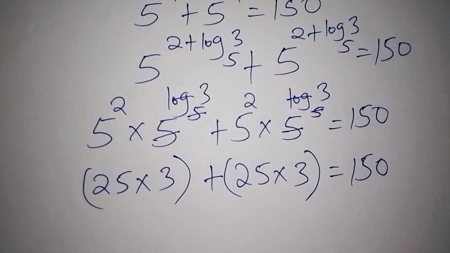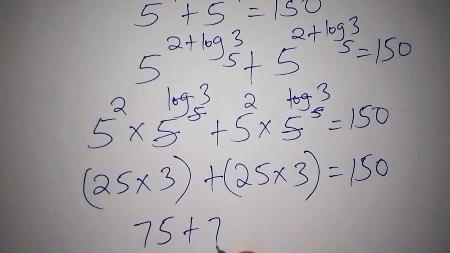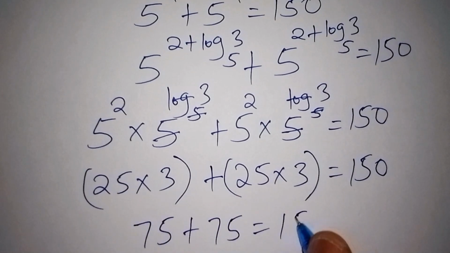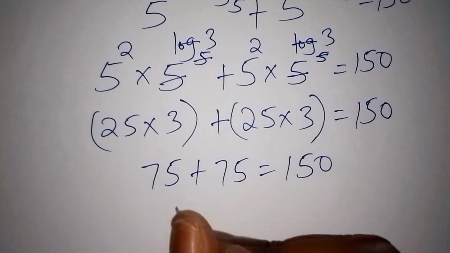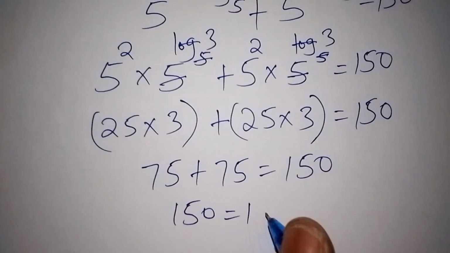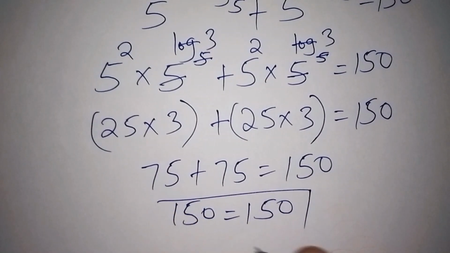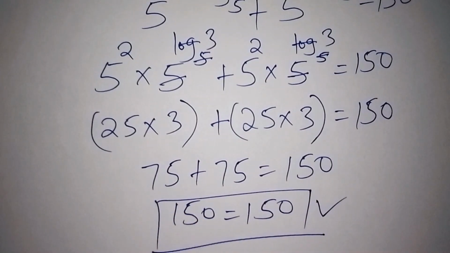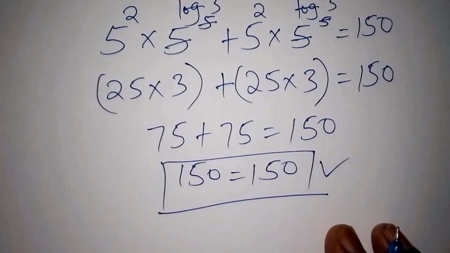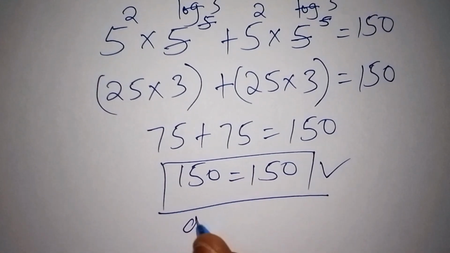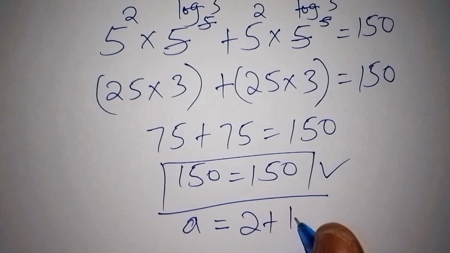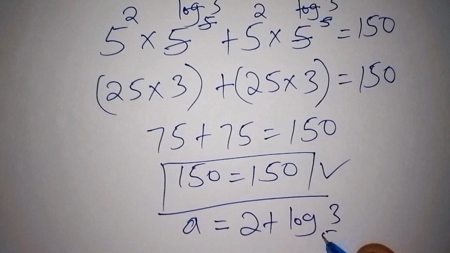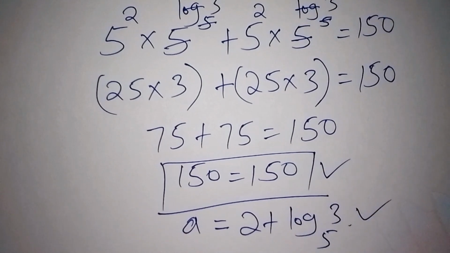So 25 multiplied by 3 gives 75, plus 75 is equal to 150. What is 75 plus 75? We have 150 is equal to 150. It means that we are correct when we say that our value for a is equal to 2 plus the log of 3 to the base of 5. That is the correct answer.